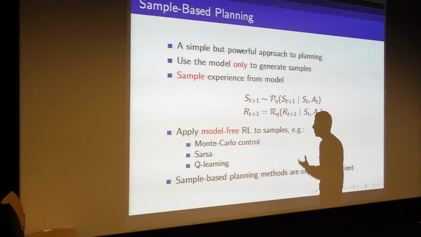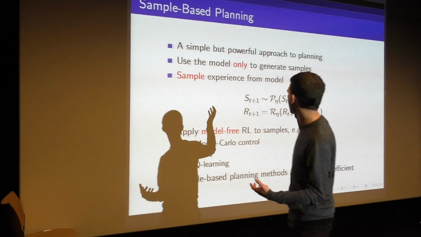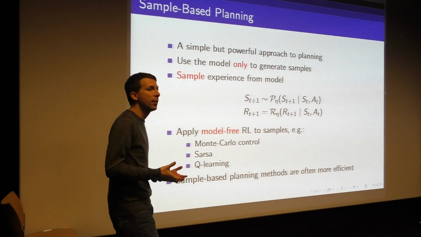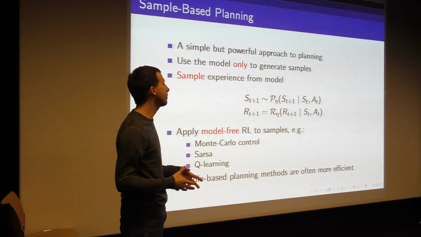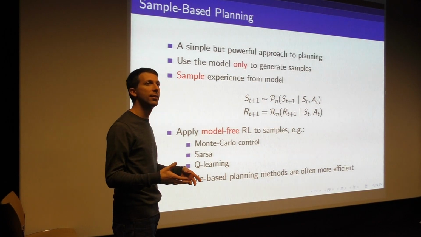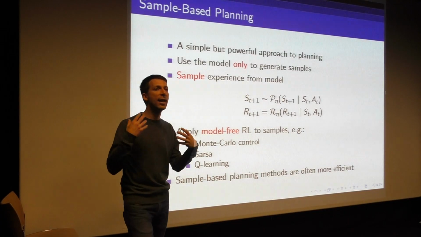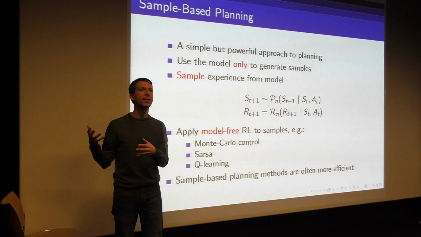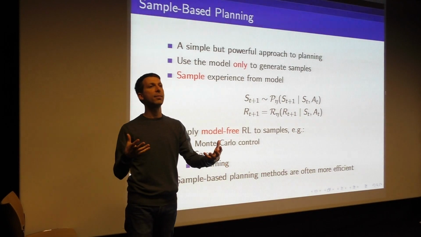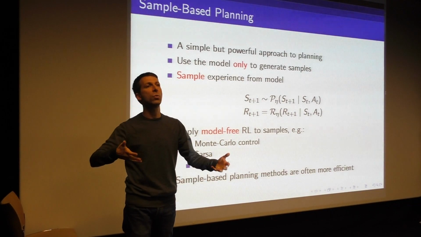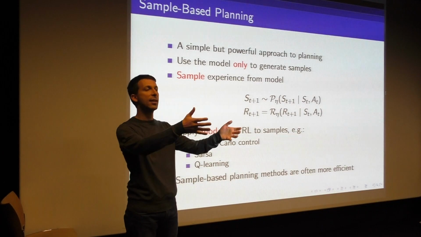So the main idea of sample-based planning is to just use the model to generate samples and then to apply model-free reinforcement learning to these samples. Another way to think of that is that the agent has some model in its head, it imagines what is going to happen next, and it plans by solving for its imagined world. It simulates experience.